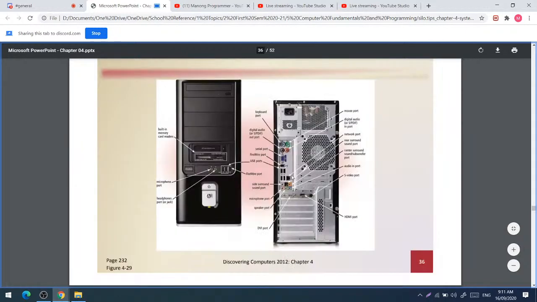So, these are the different connectors in our computer. So, we have the keyboard port, the mouse port. The latest port now for keyboard and mouse is USB port na ang ginagamit. Hindi na po ito. Kasi kung maalala nyo, yung violet saka green na pinaglalagyan ng keyboard saka mouse, those are considered as legacy ports. Mga makalumang port.